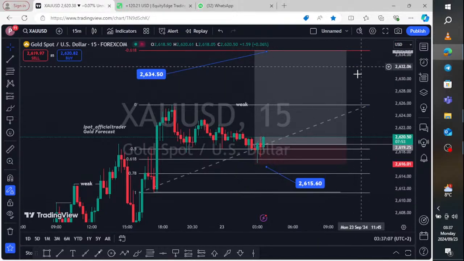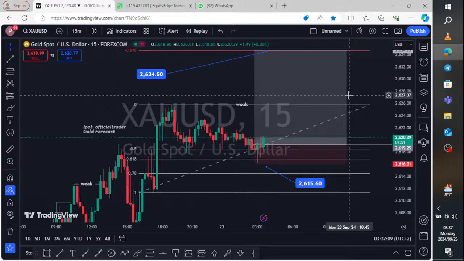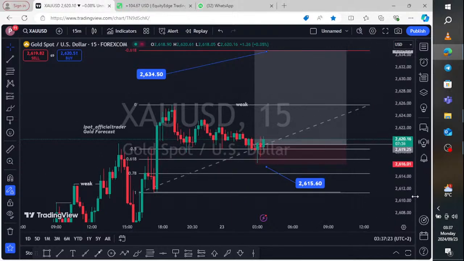So currently on gold, as I did mention, we're still looking at gold continuation again. The daily bias on gold is bullish, so we're still looking at continuation to the upside.